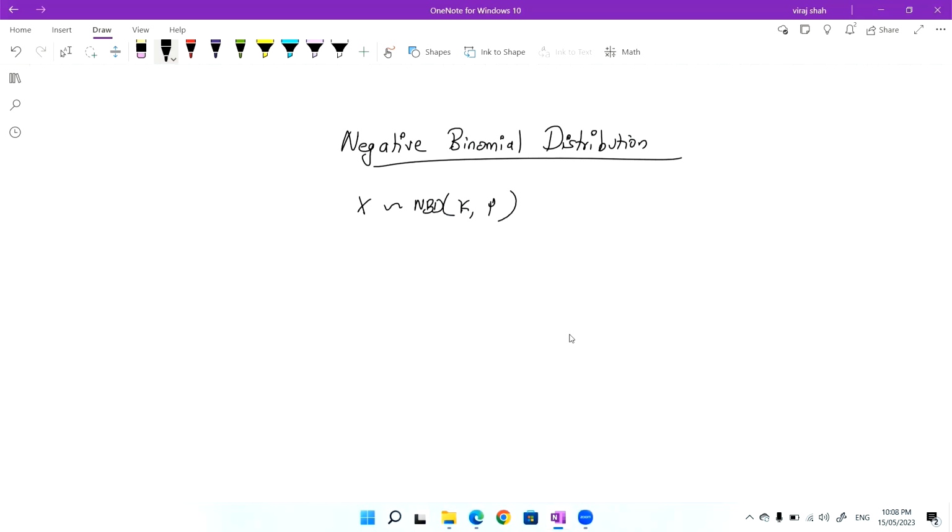So we have increased the scope of your geometric distribution into k number of successes. Okay. So your type 1, what would be your experiment? Your experiment would be to perform independent and identical Bernoulli trials.